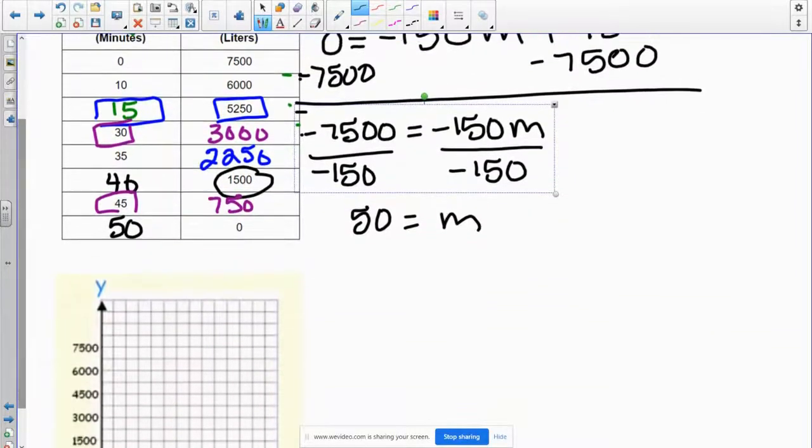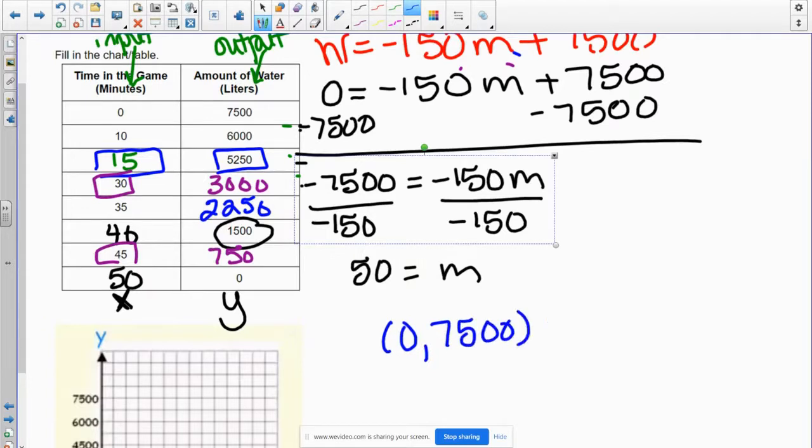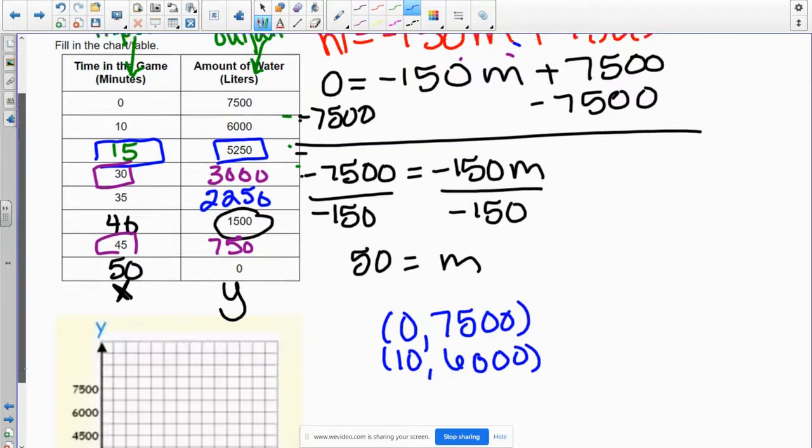Now, to graph this, when we look at inputs, these are our X values, and when we look at outputs, these are our Y values. So when you make these ordered pairs up here, we're technically going to take each of these rows and make an ordered pair. So when there were 0 minutes, we still had that 7,500 liters of water left. After 10 minutes, we had 6,000 liters left.